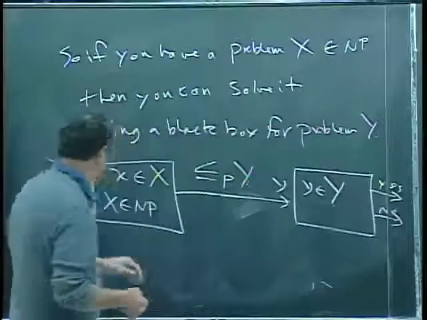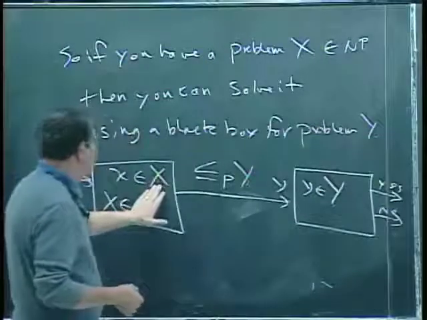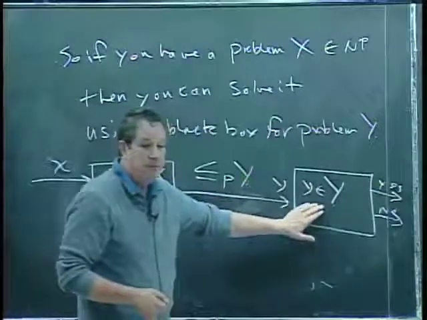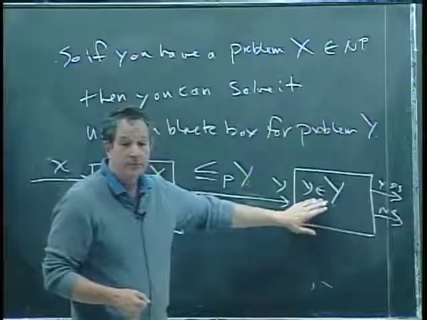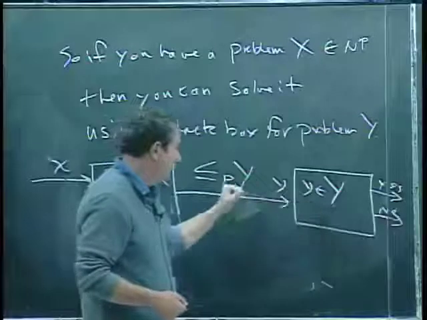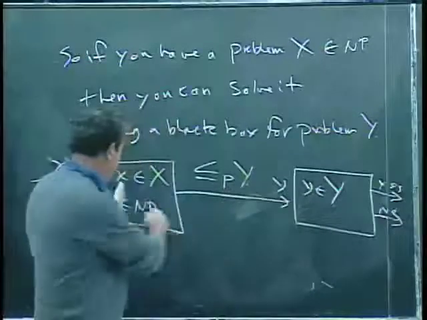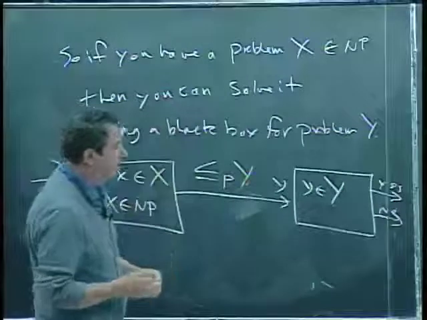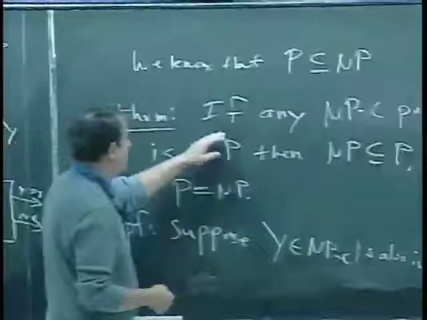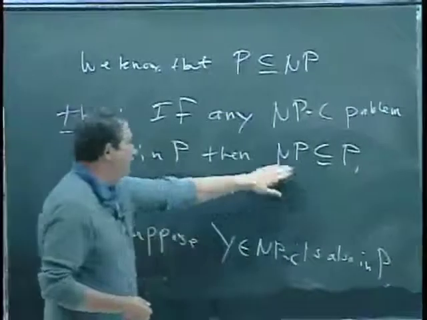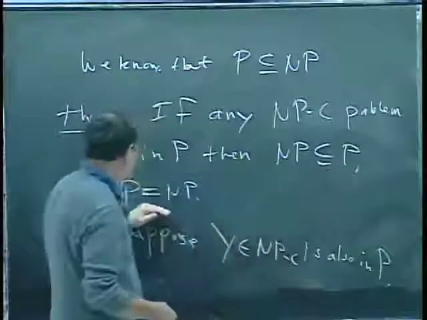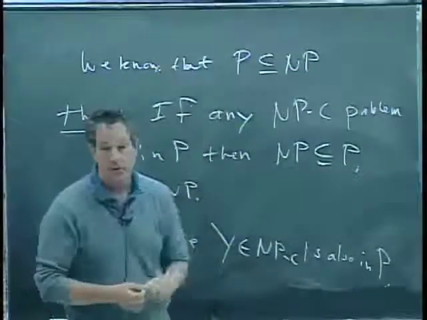So the polynomial time for solving problem x would depend on the polynomial for this reduction and the polynomial for this solver. But no matter what those 2 polynomials are, the polynomial of a polynomial, which would give you the polynomial time for x, is still a polynomial. Therefore, x would be in capital P also. So any problem in NP would be in P, which would then mean we have this equality because we already know the other side. Okay?